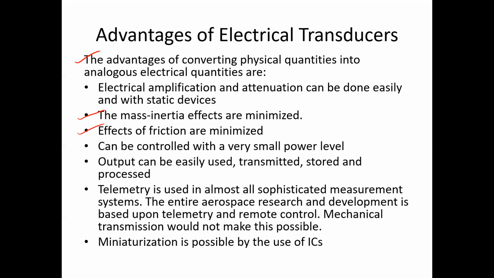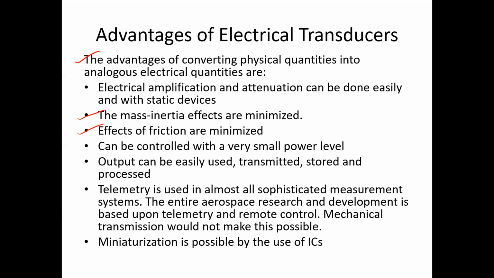After using mechanical devices for a long time, there is wear and tear and they become inefficient. Compared to that, electrical devices are static devices, and they are free from the mass inertia or friction effects that mechanical devices suffer from.